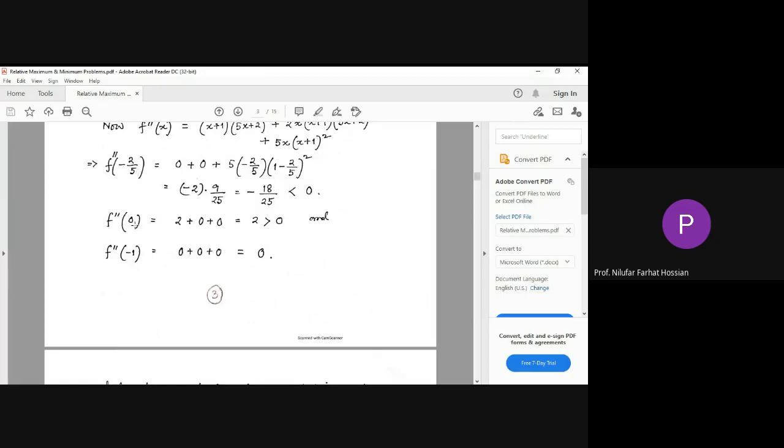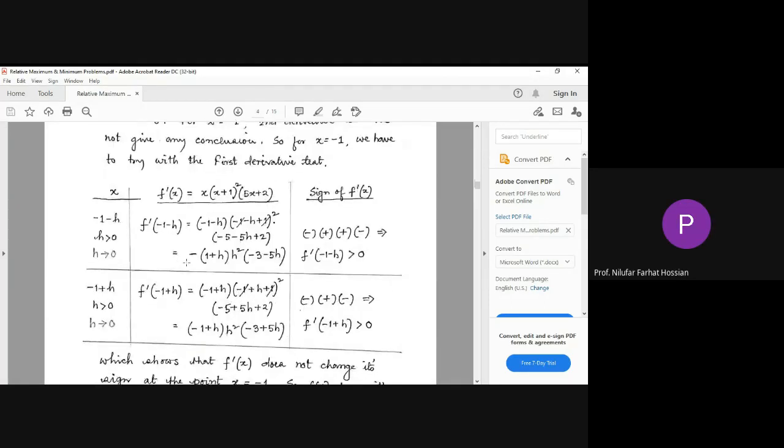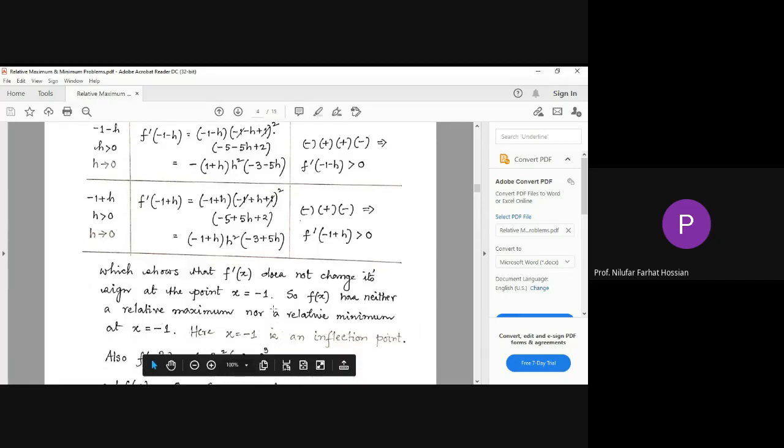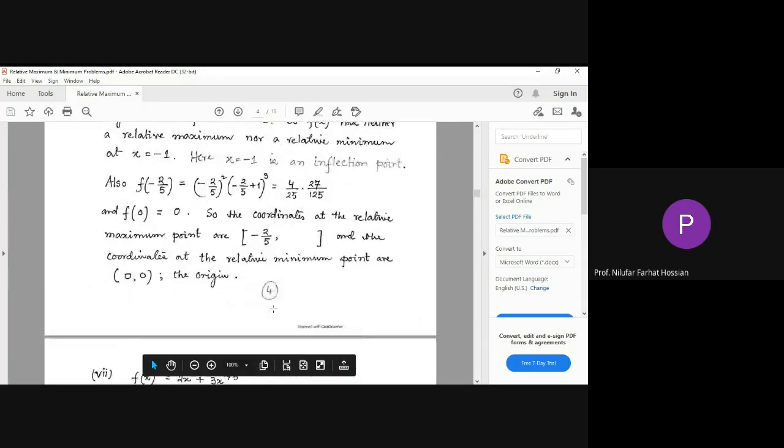When x equal to 0, there was a relative minimum. So you have to find the coordinates of this maximum point and the coordinates of this minimum point. OK miss. And for x equal to minus 1, we didn't get any relative maximum or minimum. So that's why we don't need to find the coordinates at this point for x equal to minus 1, because it does not give you any relative maximum or minimum.